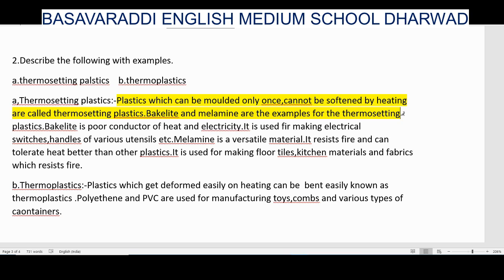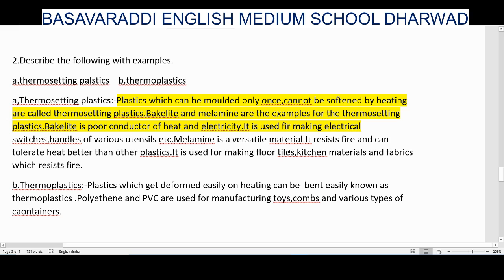You keep it on the stove for so long, but if you take any plastic bag near the fire, it is going to change shape. That particular handle is not going to change its shape because it is a poor conductor of heat and electricity.